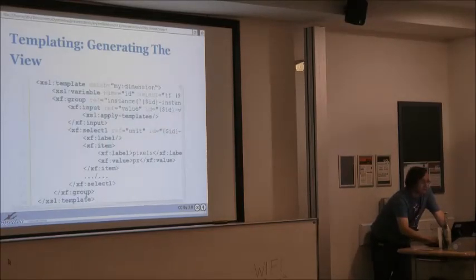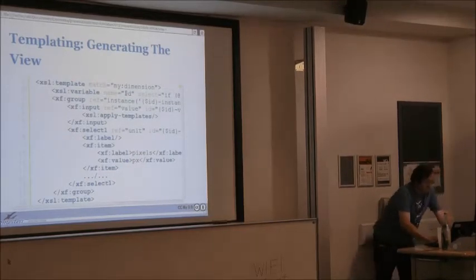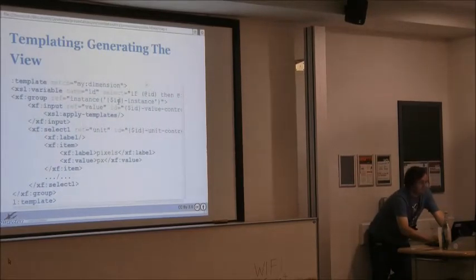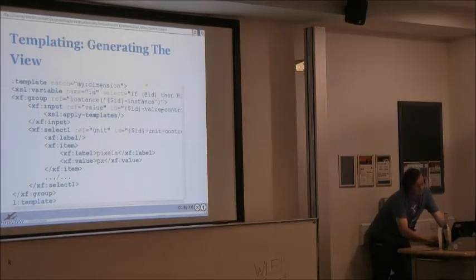It's not very complex. I put a variable with the same value of the ID. With this value, I make a reference to the right instance for this ID, and then I have an input and select one, and I give them IDs so that I am able to make reference to them through the controller.